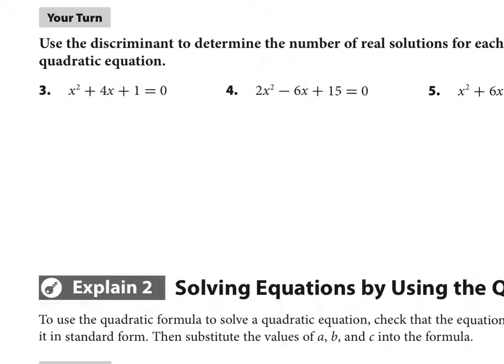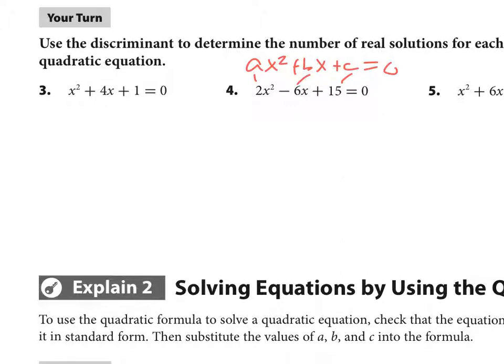The first thing you want to do is identify your values. Again, always make sure it's in standard form, ax squared plus bx plus c equals 0. So in this case, our a is 2, our b is negative 6, and our c is 15.